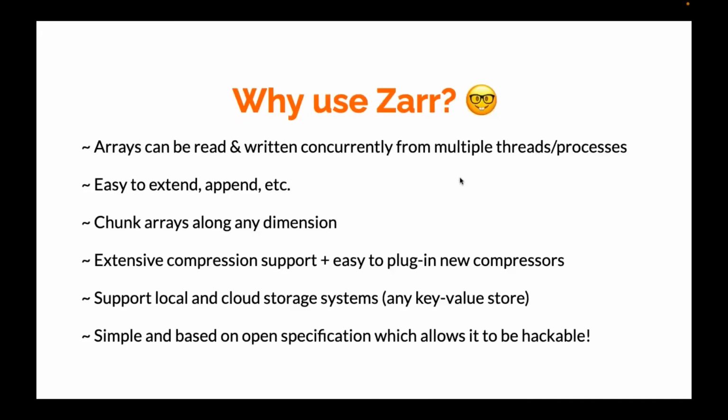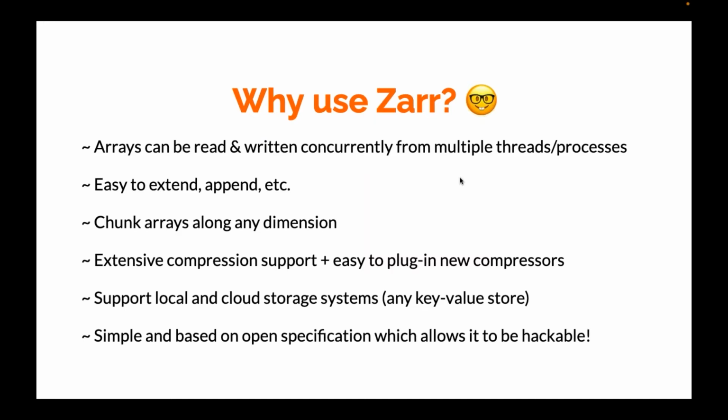Yeah, so as you can see in the tutorial, and as you have seen in my explanation, why use Zarr, given there are different formats out there. The first and foremost important thing is that arrays can be read and written concurrently from multiple threads and processes, and that gives an edge to Zarr, and you can speed up your operations and your workflows many times.